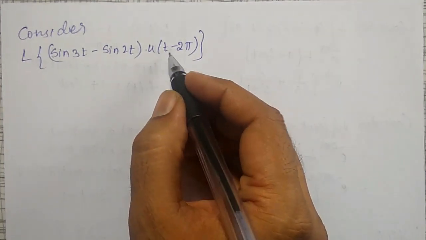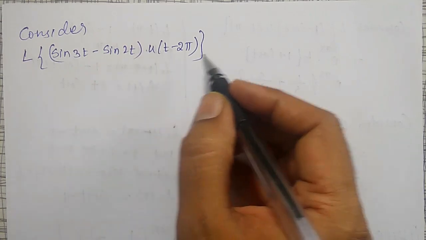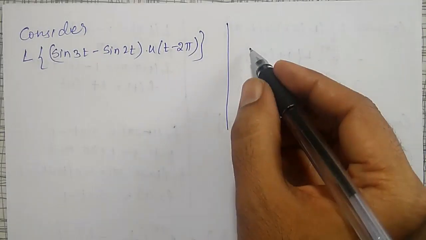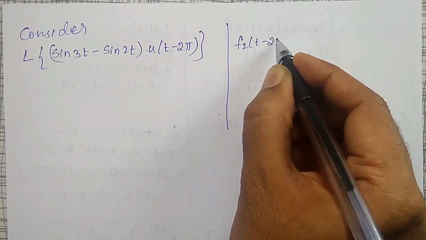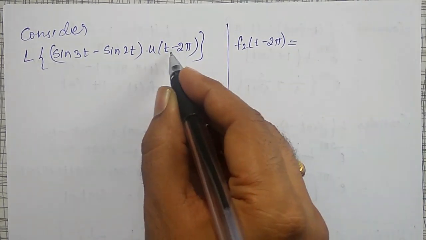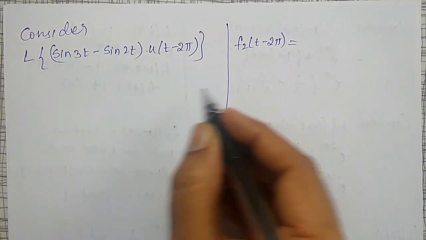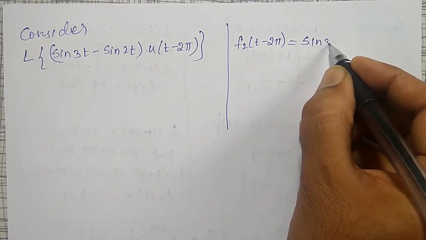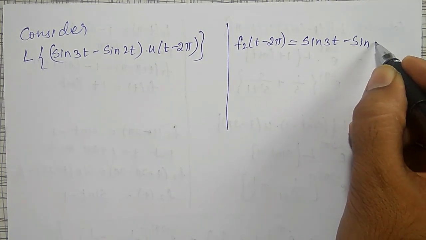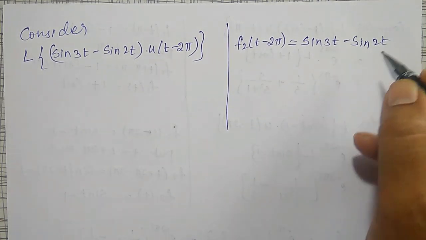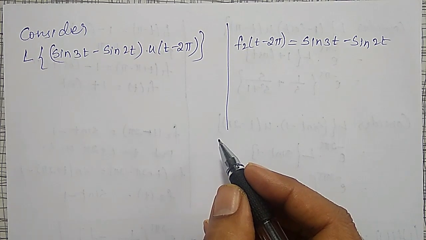Again, it is a discontinuous unit step function. Therefore, let me consider f2 of t minus 2 pi equal to sin 3t minus sin 2t. Therefore I have to find out f2 of t from this.